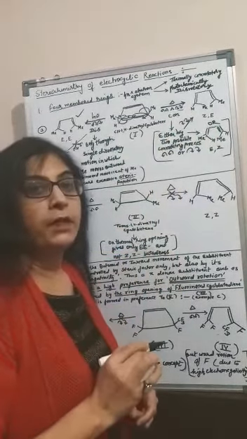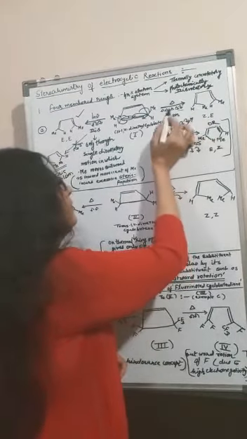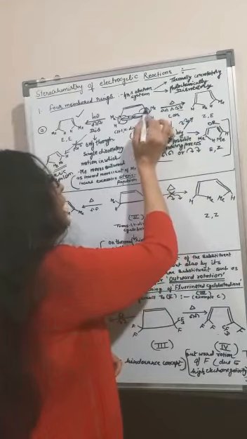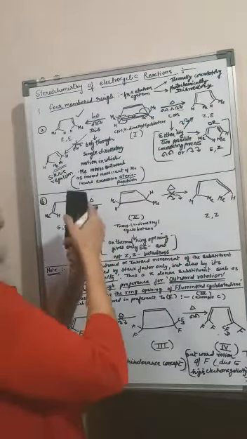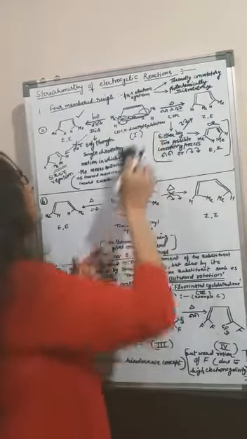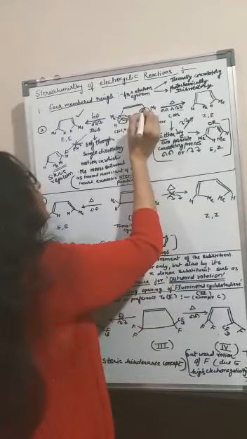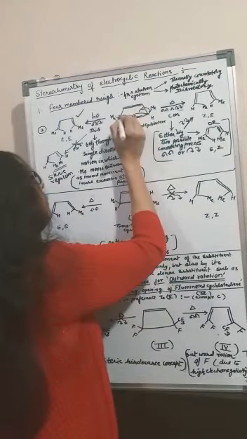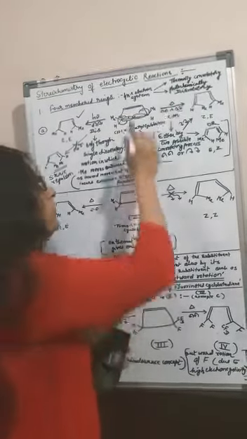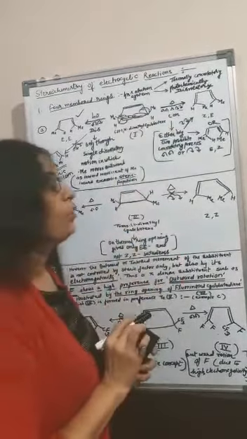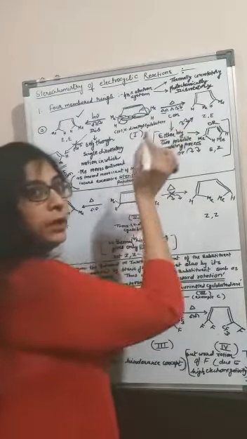The other possibility of the conrotatory process is also there. The reverse of this means both move anti-clockwise. Both carbon atoms' substituents are moving anti-clockwise, and both arrows are on the same side.